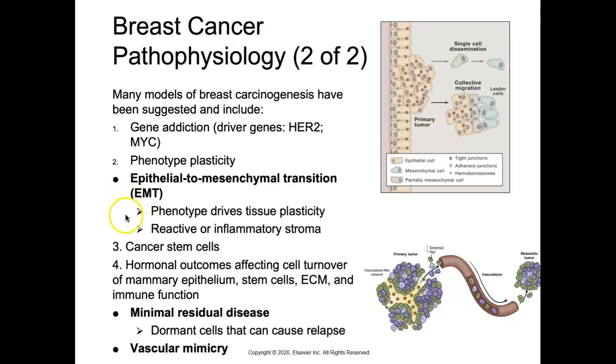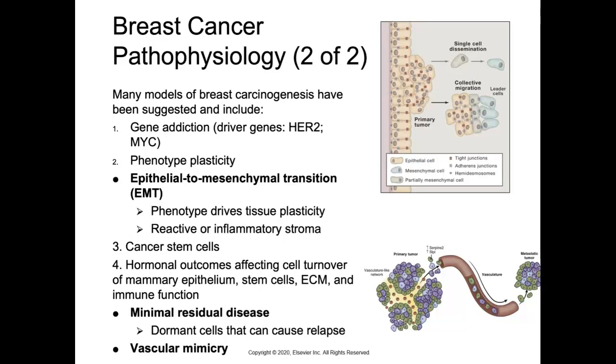So essentially, these tissues are able to change to allow the progression of cancer to take place. We also have reactive or inflammatory stroma, in which tissue reactions increase the risk of tumor invasion and transitions of carcinoma in situ to invasive carcinoma.